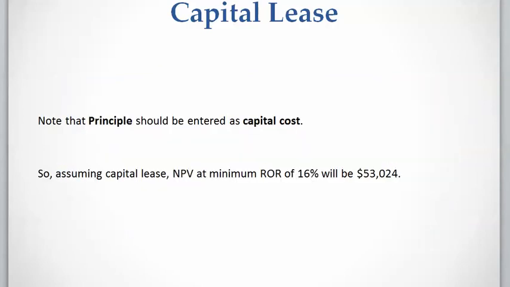And we calculate the NPV using the discount rate of 16%, which is going to be $53,000. As you notice, it has the highest NPV among the purchasing, operating lease, and capital lease.